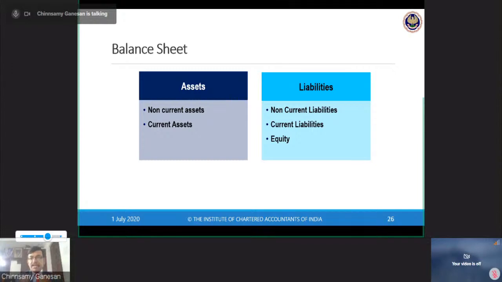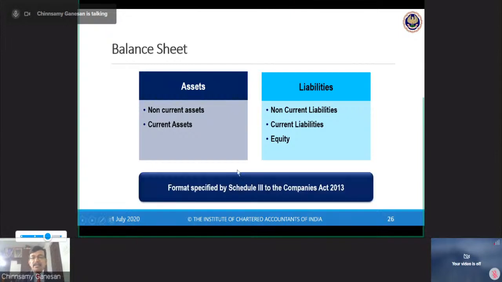Unlike normal companies where shareholders' funds, non-current liabilities and current liabilities are presented as the first part of the balance sheet, here assets will be presented first, non-current assets and current assets, total of the assets. Then you will have equity, other equity, non-current liabilities, current liabilities. That's the way the presentation will be as far as Schedule 3 relating to Ind AS companies. And if you see, Ind AS 1 is not prescribing any format of the financial statement.